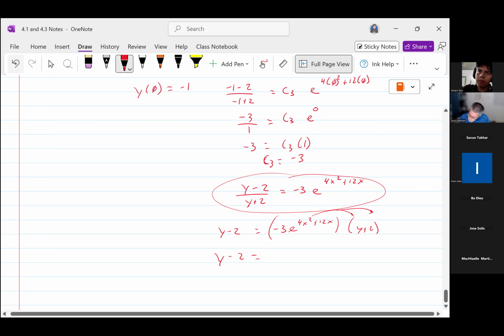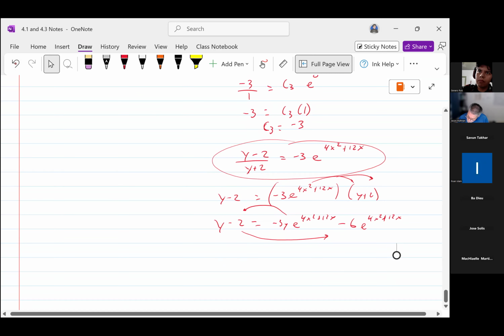So y minus 2 is equal to y times -3, write it like this, -3y e to the 4x squared plus 12x, minus 6 e to the 4x squared plus 12x. Toss this guy over here, toss this guy over here.